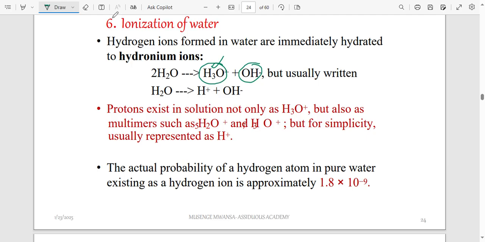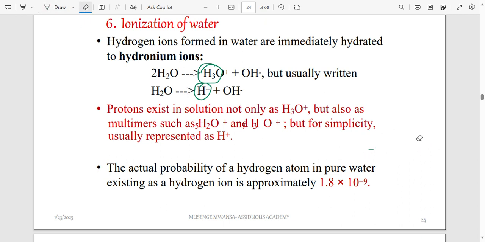That tells you that the concentration of hydronium H3O plus and the concentration of hydrogen is the same. Therefore, let's say I want to calculate pH. If I want to calculate the pH, I can either say pH is given by negative log of the concentration of hydrogen, or I can use the concentration of hydronium, because the concentration of these two is the same.